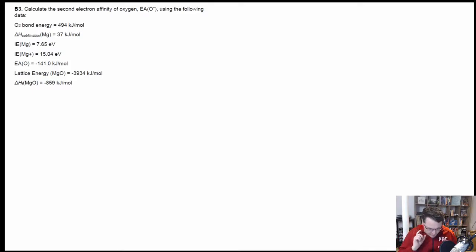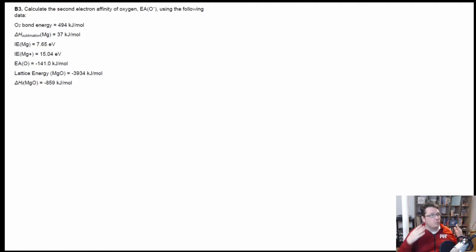So we're given all this information right here. We're given the O2 bond energy. We're given the delta H of sublimation of magnesium. We're given the ionization energy of both magnesium and magnesium plus, so the first and the second ionization energies. We're given the electron affinity of neutral oxygen atom, the lattice energy of magnesium oxide, and the delta H of formation of magnesium oxide.